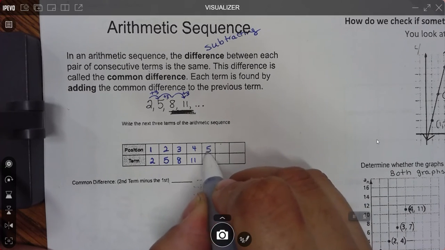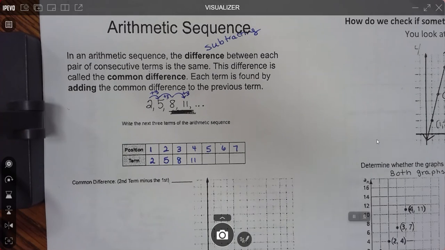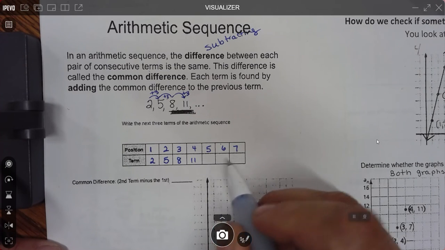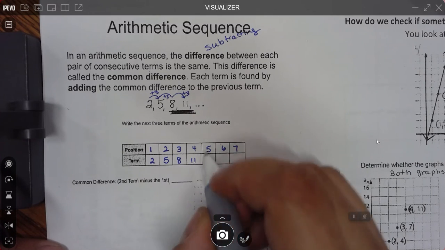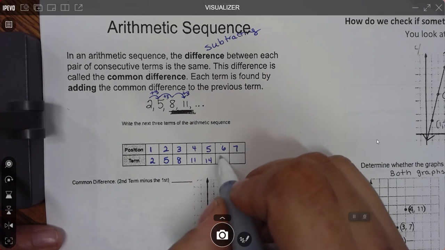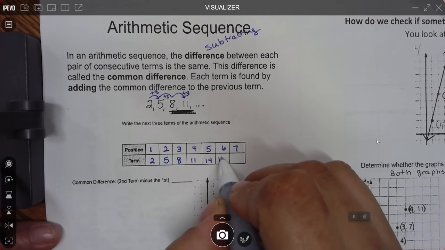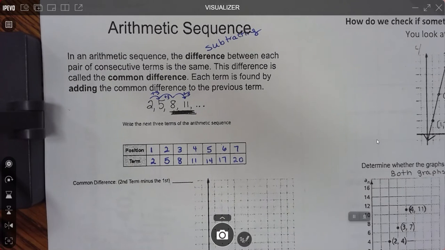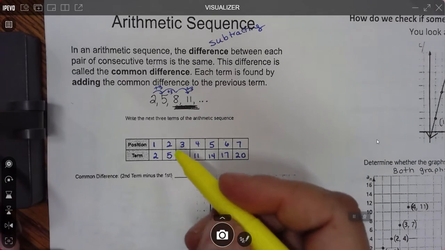That's the 5th one, the 6th one, and the 7th one. So how do we find the 5th one? Correct, we add 3. So 11 plus 3 is 14. 14 plus 3 is 17. And 17 plus 3 is 20. All right, so the sequence is this one.